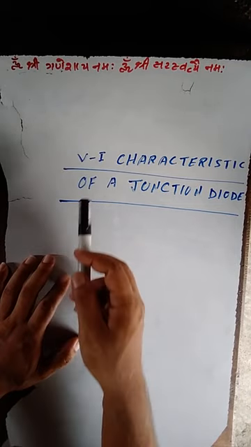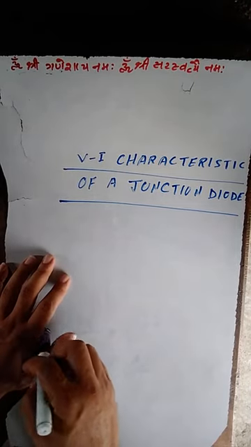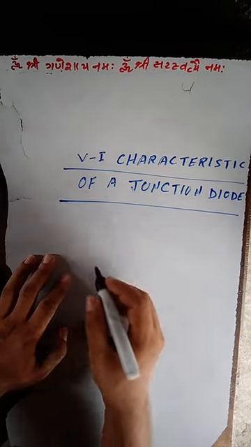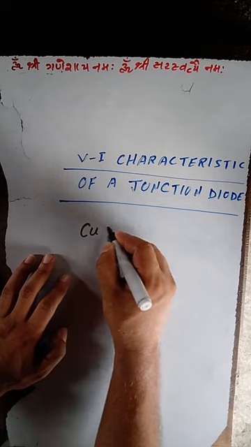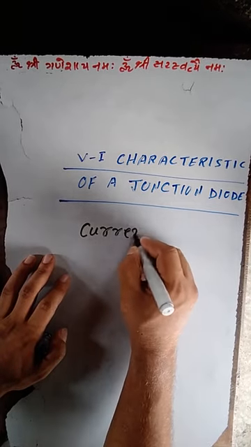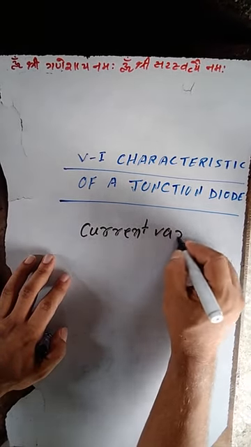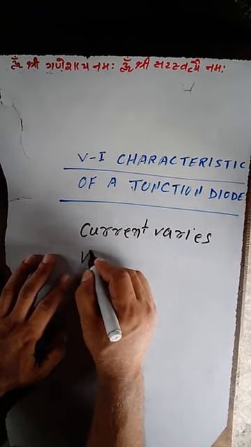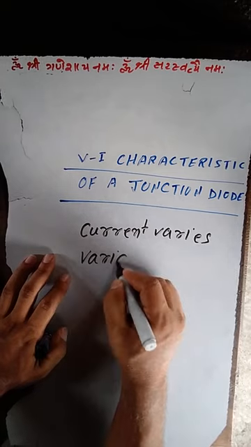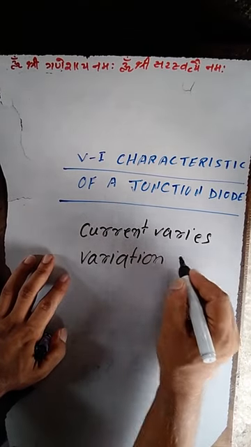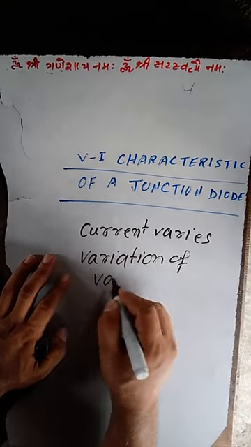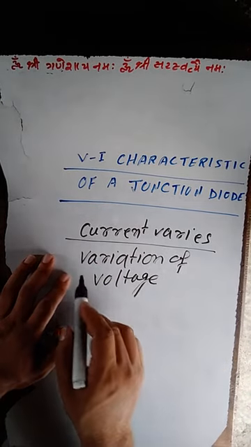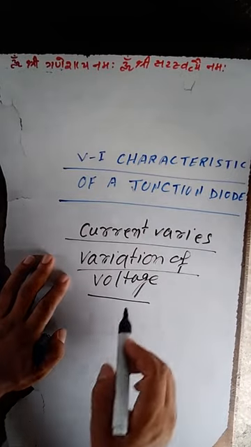When we say VI characteristic, it means how current varies with the variation of voltage.